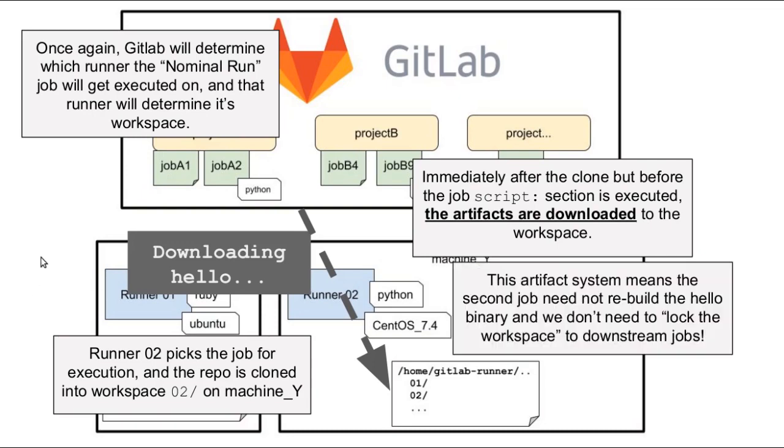And so this artifact system essentially means that the second job, the run job, does not need to rebuild the hello binary, and we don't need to lock the workspace for downstream jobs. In fact, there is no way to lock the workspace.